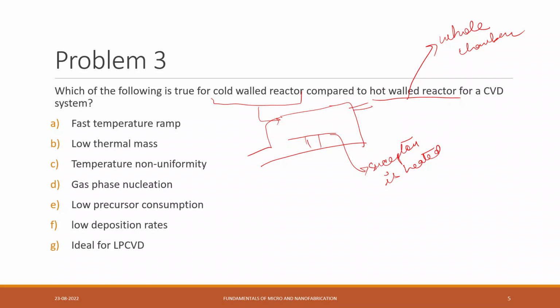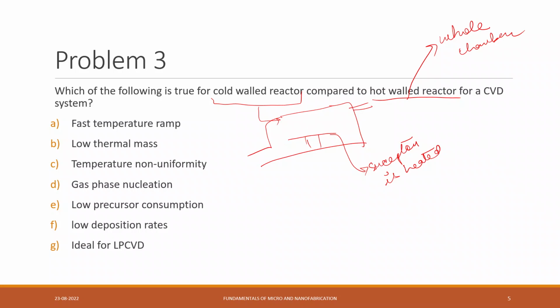So for temperature ramping, we need to control only the temperature of the receptor in a cold wall, while in a hot wall the whole thing must be controlled. When we control only the receptor temperature, we have more control.